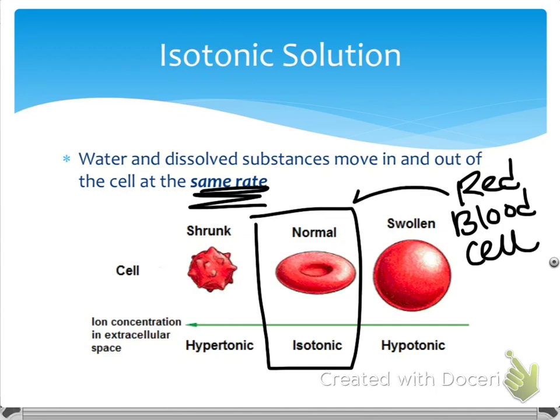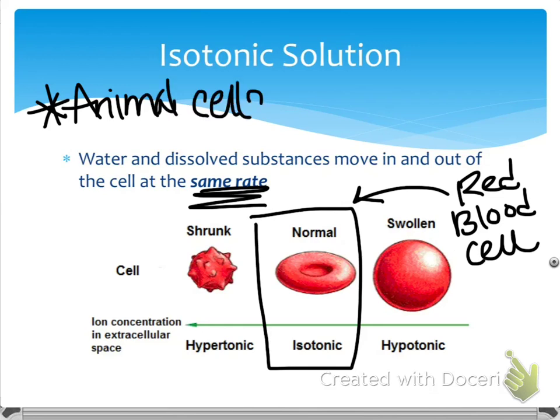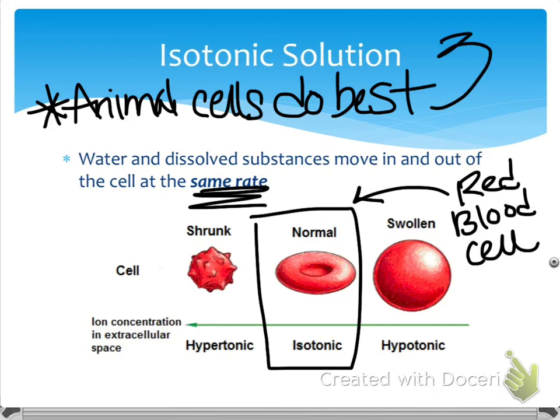So red blood cells want to look like this. So animal cells in general want to be isotonic. So animal cells are going to do best in an isotonic solution.